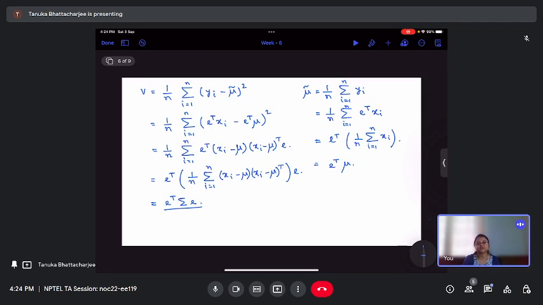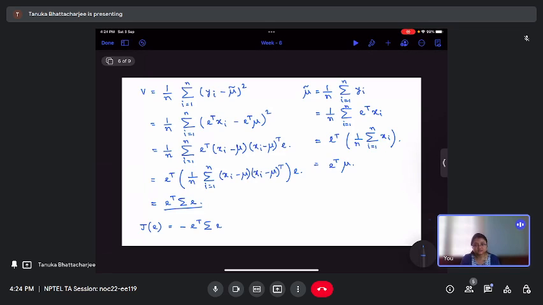Here you want to maximize this variance, or minimize the negative of this variance. So we can write the objective function J of E equal to minus E transpose sigma E. You are trying to minimize negative of E transpose sigma E.